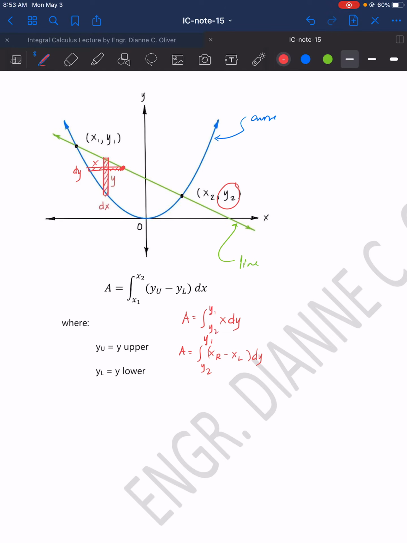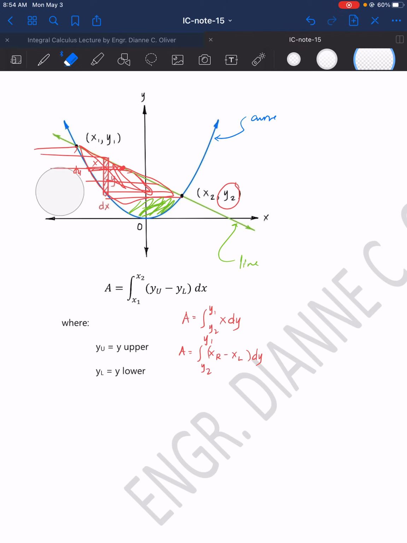If you're using a scanner, you're starting from y2 to y1. Therefore, the area covered by your limits is only this portion of the curve. That portion only. Now, how about the rest? How about this portion here? It's not included in the calculation. That's why we're not using the horizontal area strip.